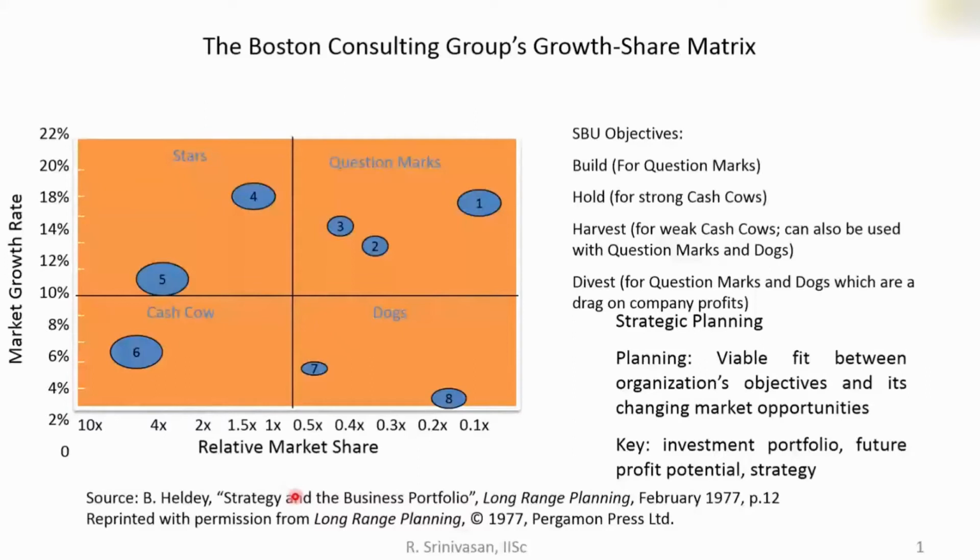Any company operating in the market, we divide into different compartments and call them SBUs. What is an SBU? An SBU stands for a strategic business unit. What is the objective of this strategic business unit?